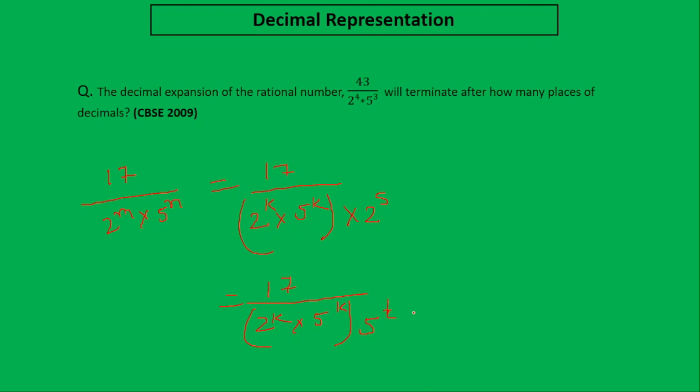So 17 divided by 2 to the power m times 5 to the power n can be converted into 10 to the power k into 5 to the power s or 5 to the power t, and both of these forms can be handled like this. If it is 2 to the power s in the denominator, multiply by 5 to the power s in the numerator and denominator. Similarly, if it is 5 to the power t in the denominator, multiply by 2 to the power t in the numerator and denominator.